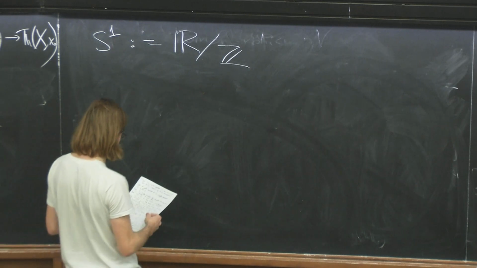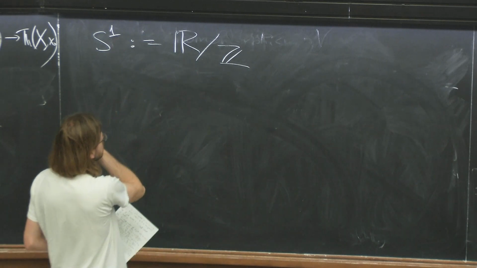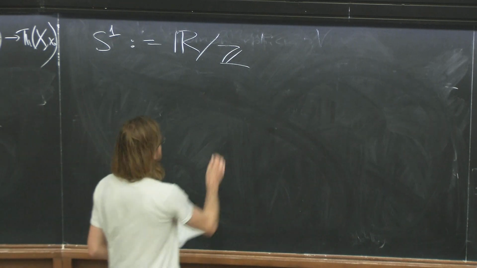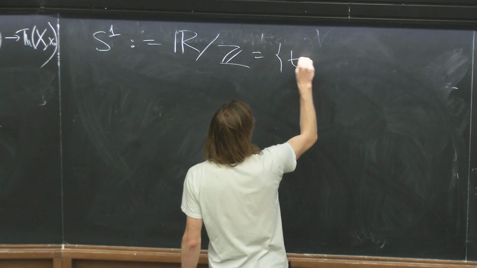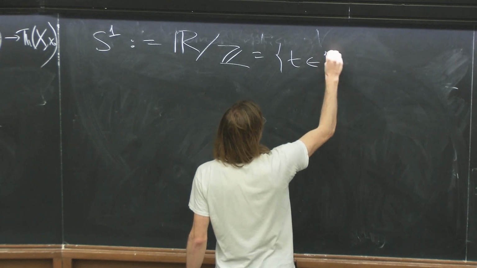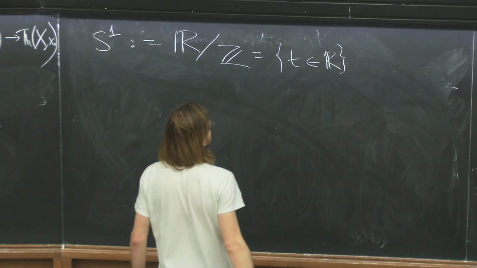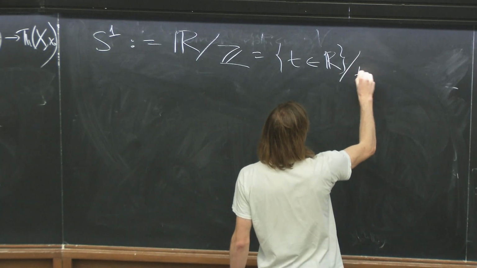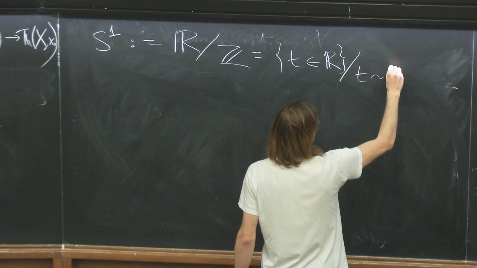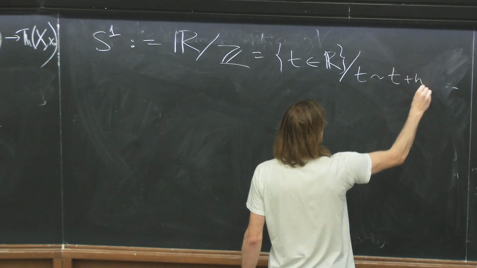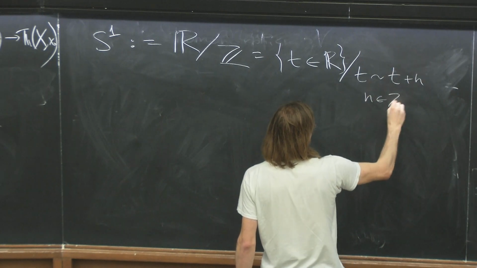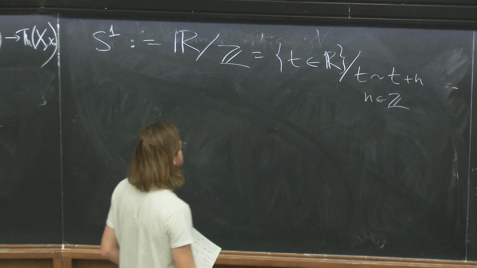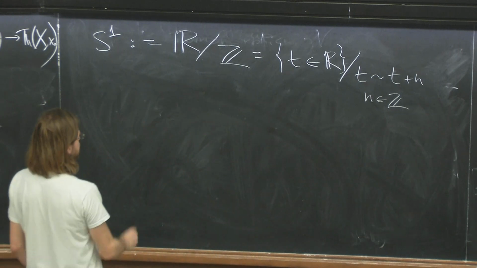So we take the set of real numbers, and we declare two real numbers to be equivalent if they differ by some integer. Of course, this is a definition.